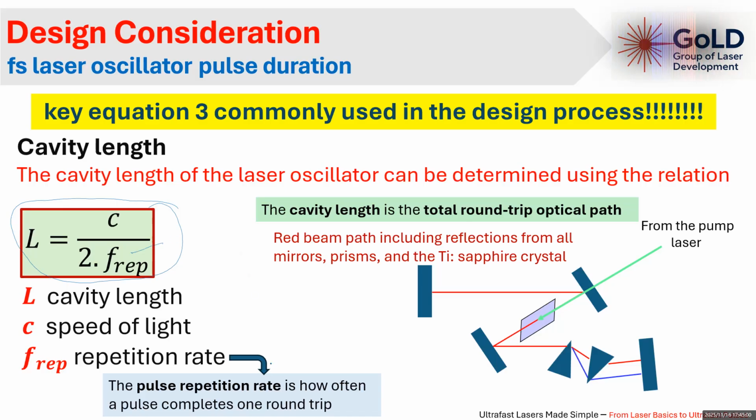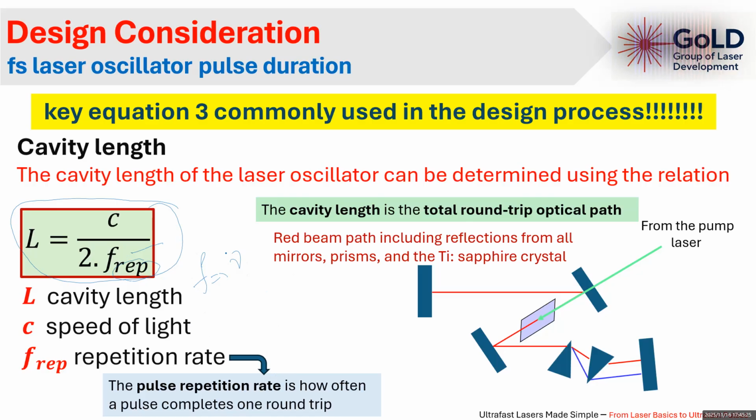This frequency, if you see the subscript here is rep, means the repetition rate. You can write it like this, no problem, because in the previous slide I used nu and here I'm using f. That is why I need to mention this.